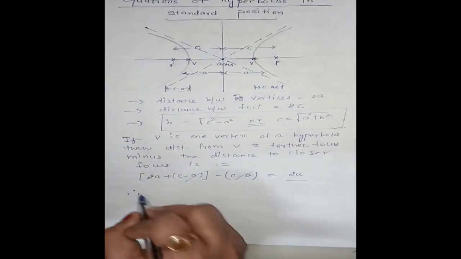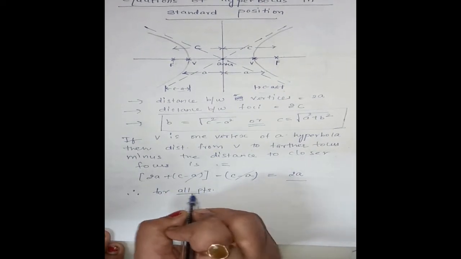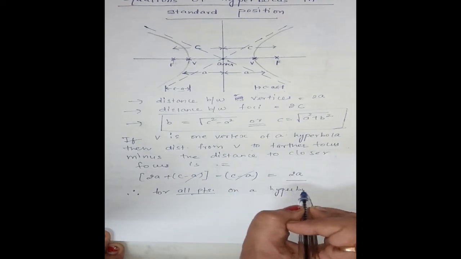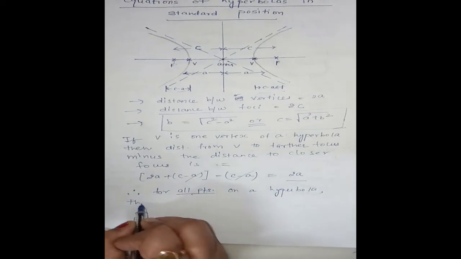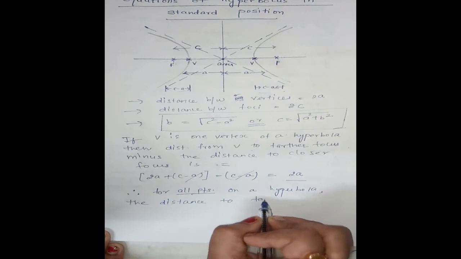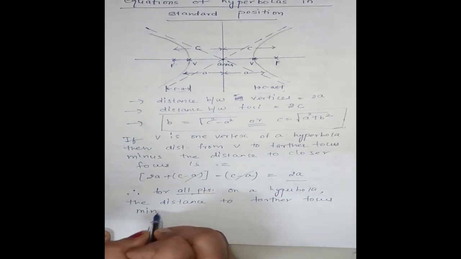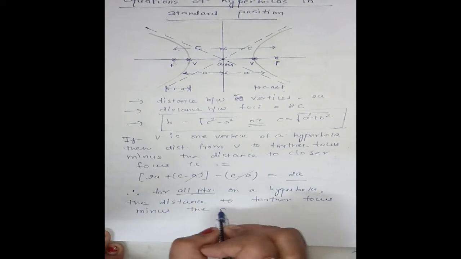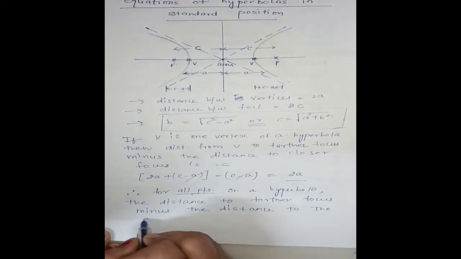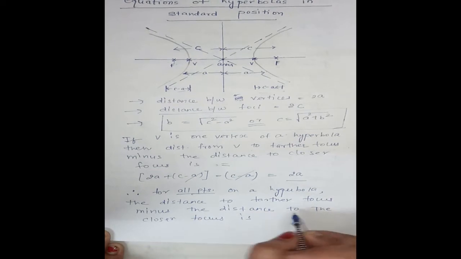Therefore, for all points on a hyperbola, the distance to the farther focus minus the distance to the closer focus is equal to 2a.